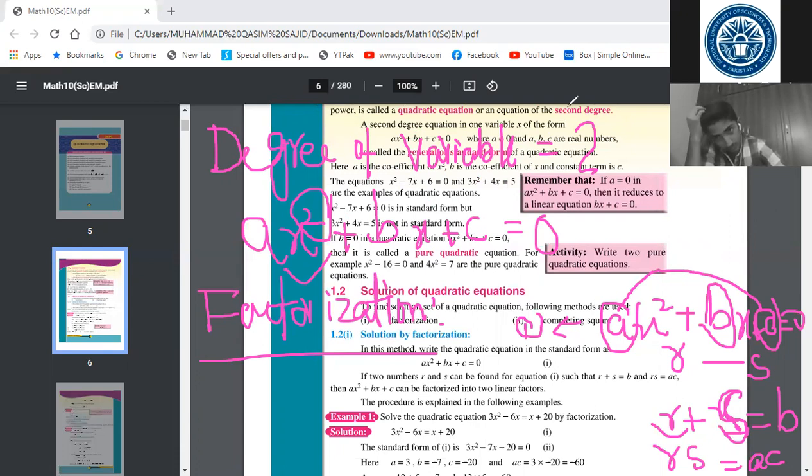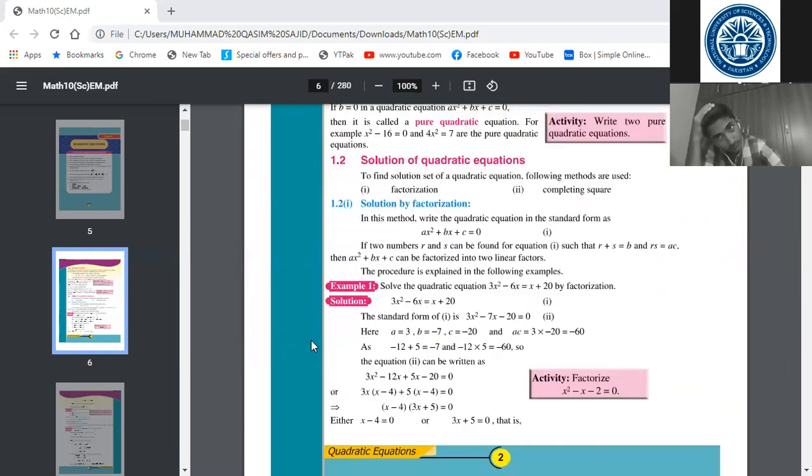Now we have to solve a given problem. For example, the problem is given that 3x square minus 6x equals x minus x plus 20.